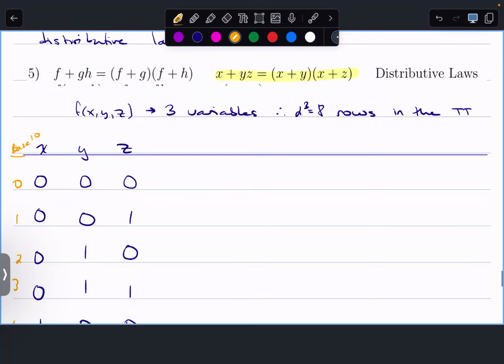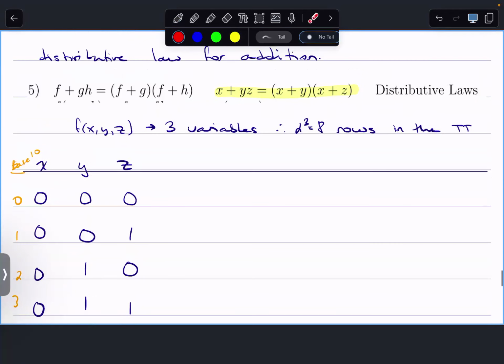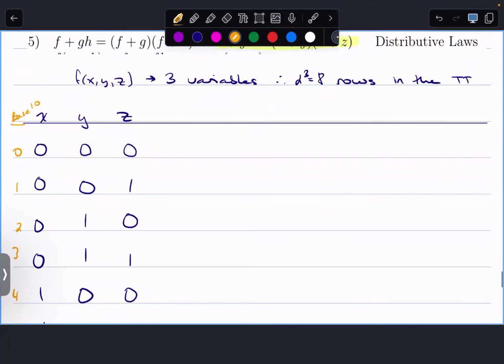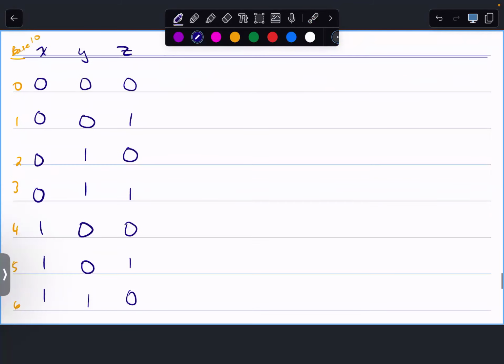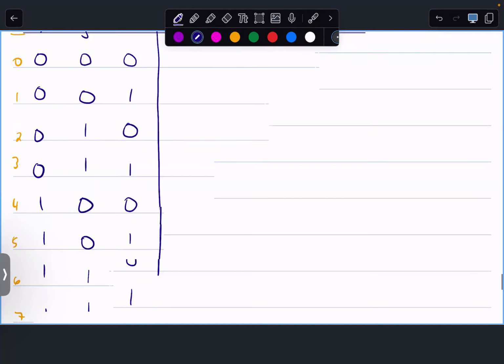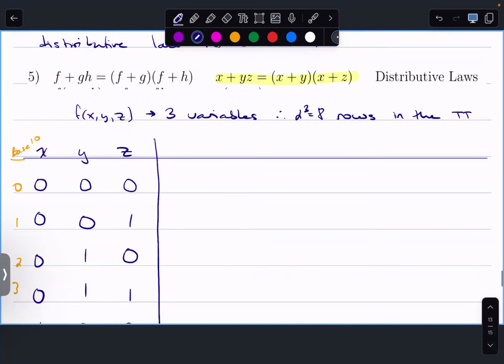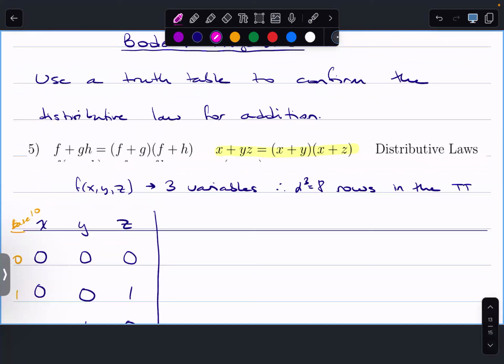Now, we want to show that x plus y times z. Now, the plus is going to be an or, and the multiplication is an and, right? Otherwise, we've seen all this before, and nothing's really new to us besides the addition is an or, and multiplication is an and.